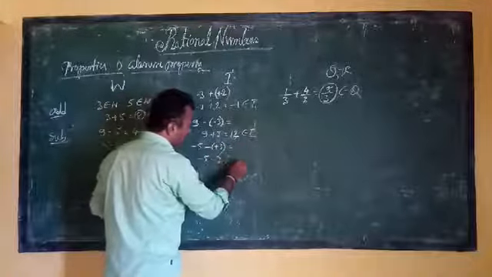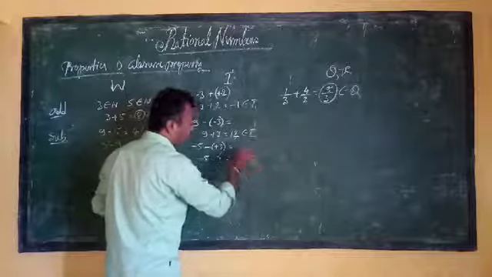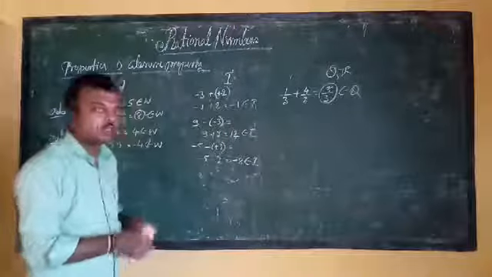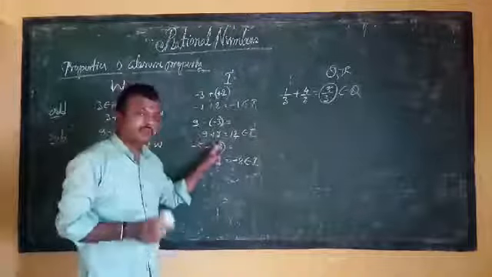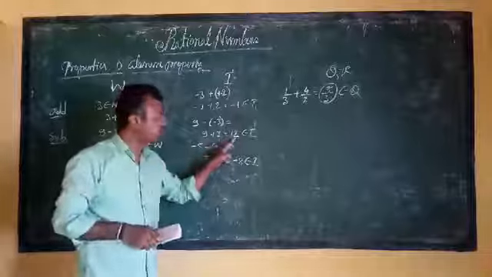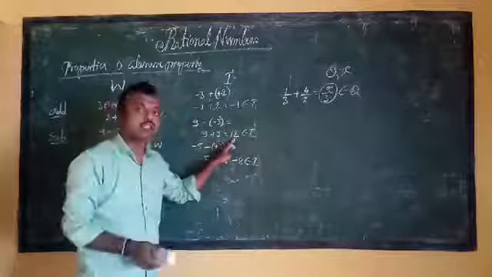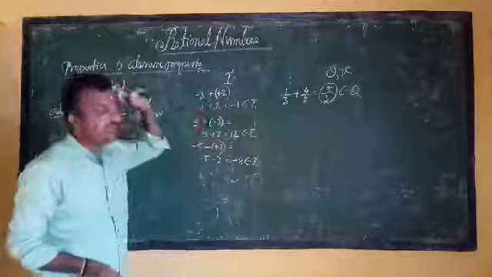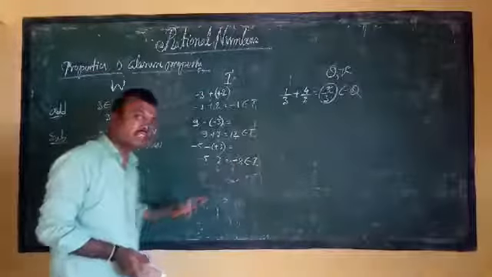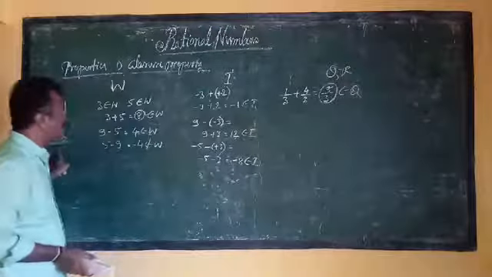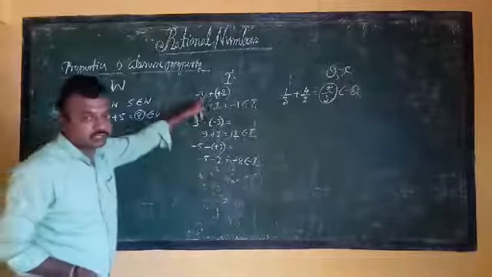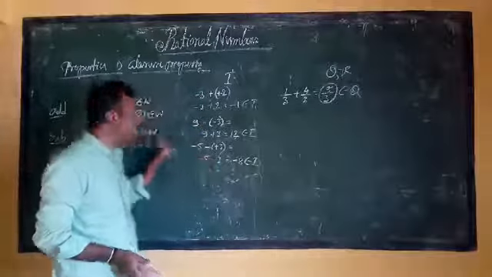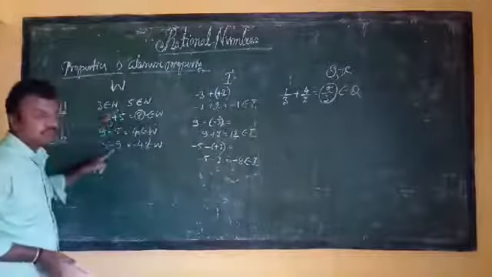So it becomes minus 8. Therefore, it belongs to integers. You can take any examples. If you subtract any two integers, the resultant number always becomes an integer. Therefore, the closure property of integers is satisfied under subtraction. Understand? Addition is satisfied and subtraction is also satisfied. Whole numbers only addition, not subtraction.